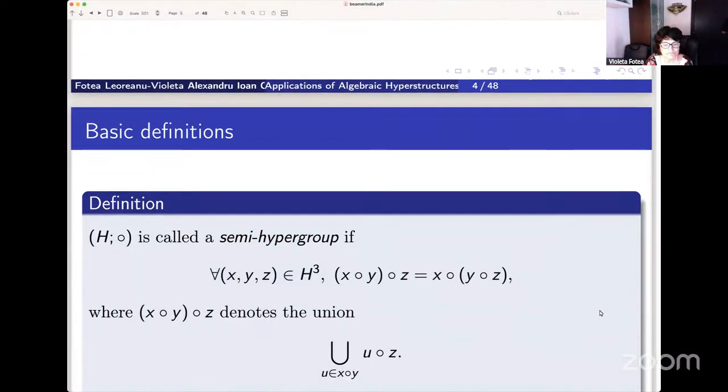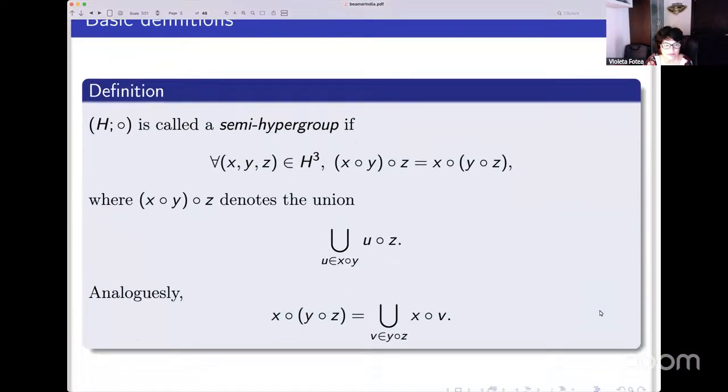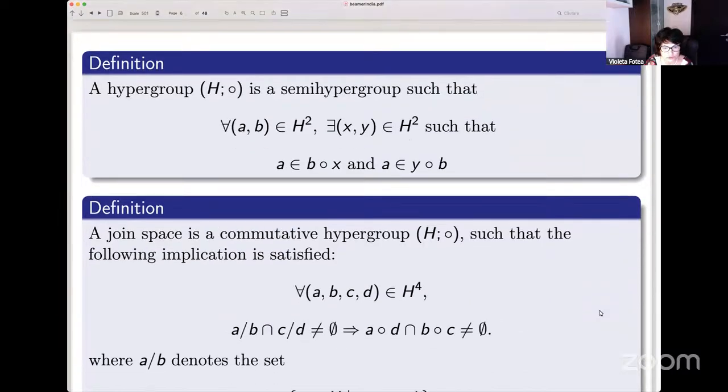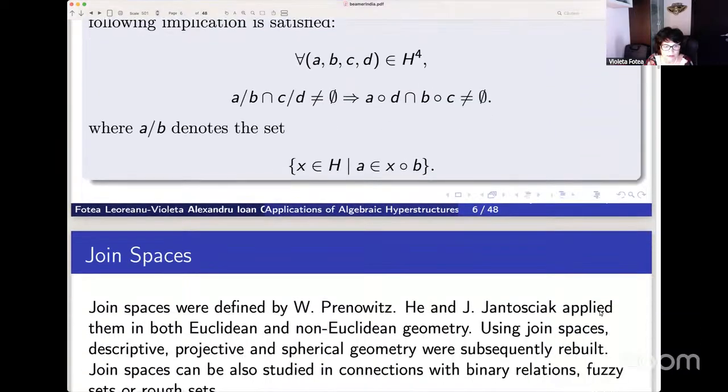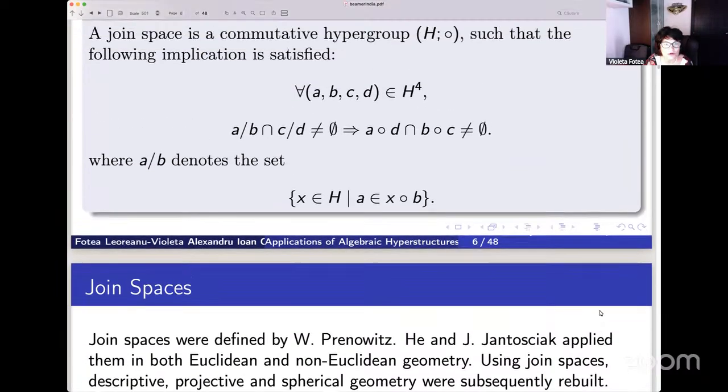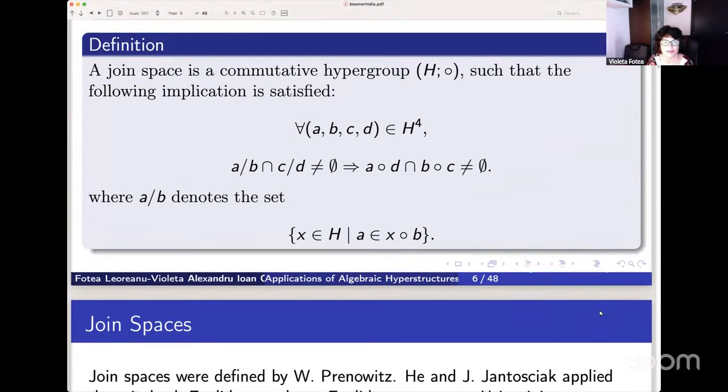Okay, so here there are some definitions about semi-hypergroups, hypergroups, Jones spaces. Some words about the Jones spaces. First of all, I recall the definition of a Jones space. It is a kind of commutative hypergroup such that the following implication is satisfied.